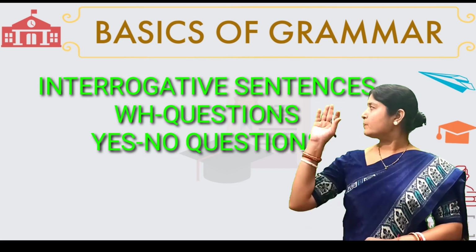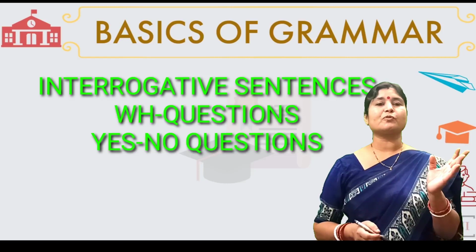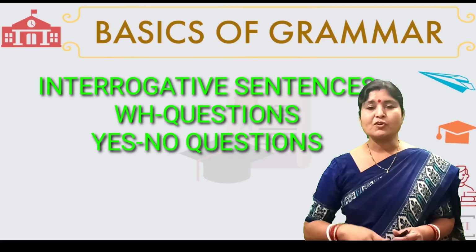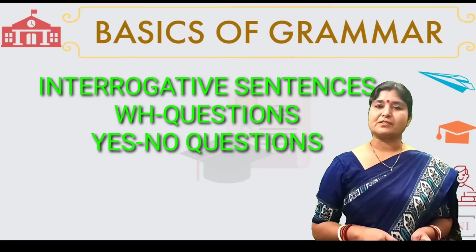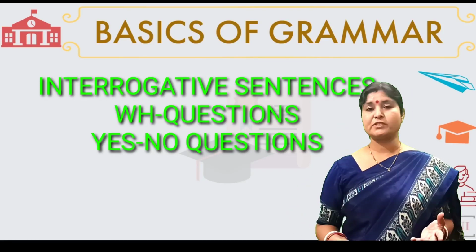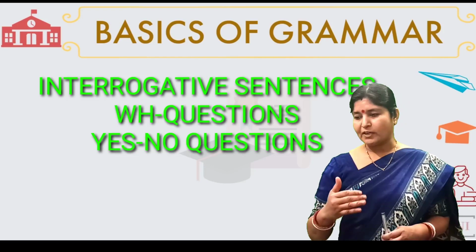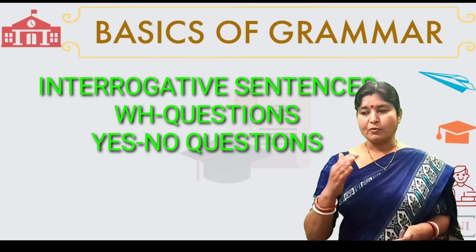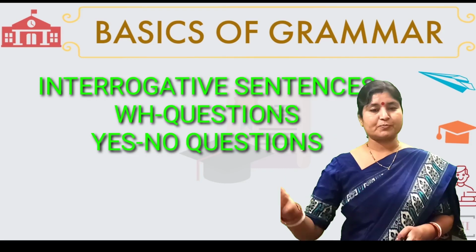Next, the rules for the change of interrogative sentences, which are also known as questions. As we know, there are three types of question: WH question, yes-no question and question tag. What rules do we have to follow when changing questions into indirect speech?